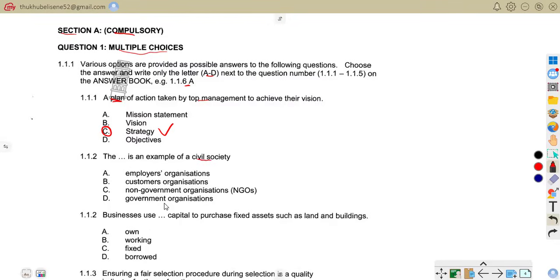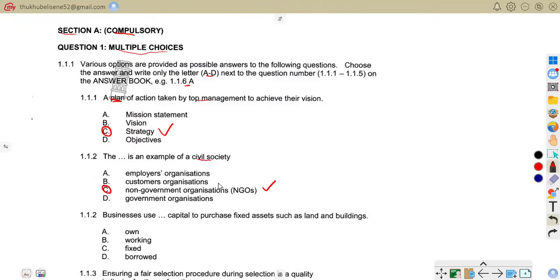So the correct answer there is non-government organizations, meaning the correct answer there is C, because non-government organizations are considered part of civil society because they represent various interests and voices in society.